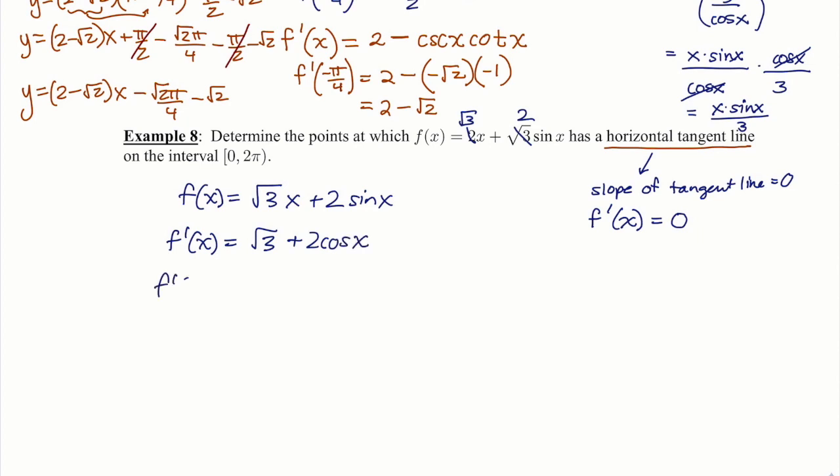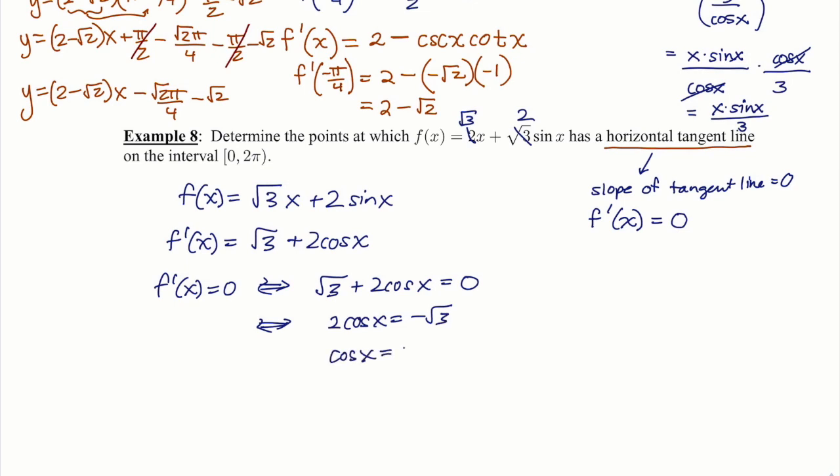And the derivative will be 0 if and only if the square root of 3 plus 2 cosine of x is 0. And then we want to isolate cosine. So we'll have 2 cosine of x is negative square root of 3, and cosine of x is negative square root of 3 over 2.